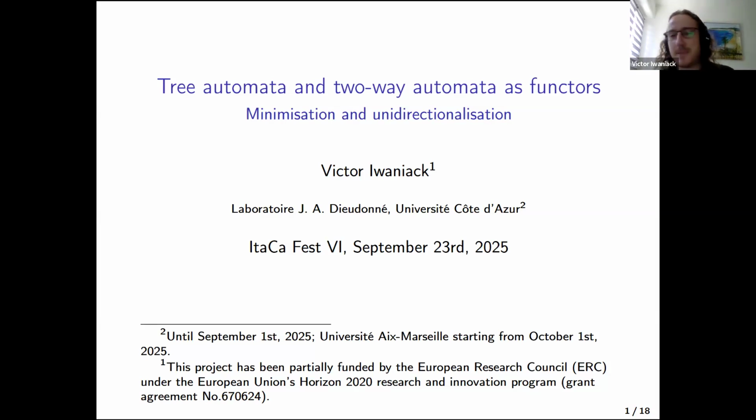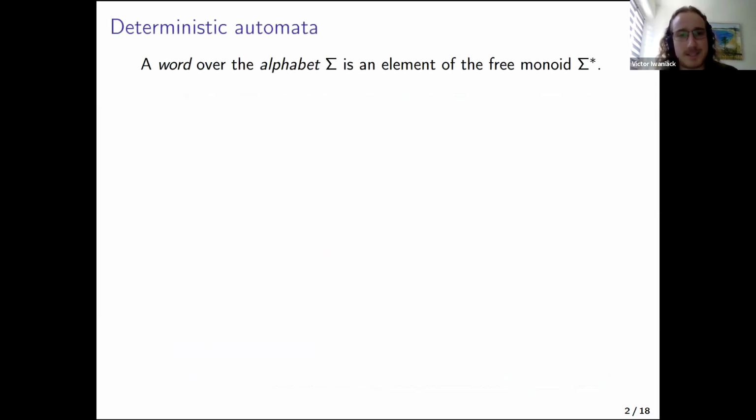But anyway, to go into the subject, there are two main themes, which are automata. So I will introduce the subject and the functorial point of view. So let's get started. First of all, what is an automaton?